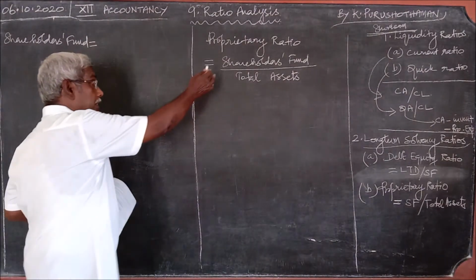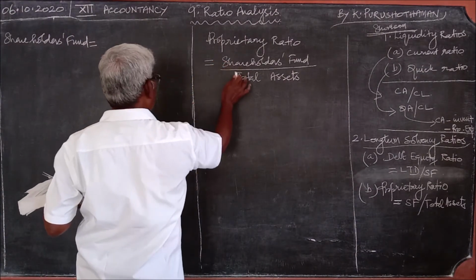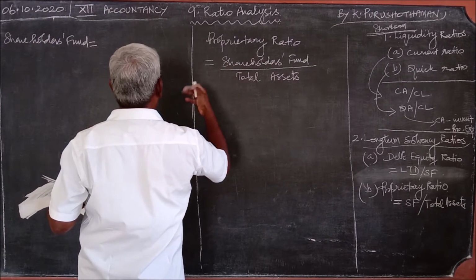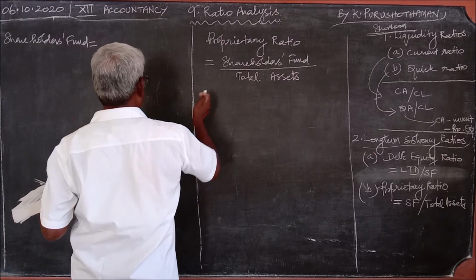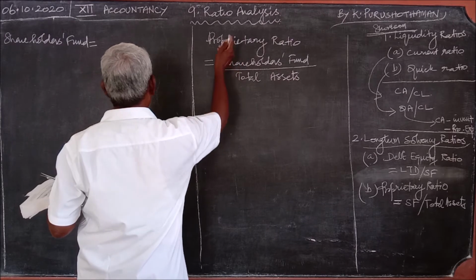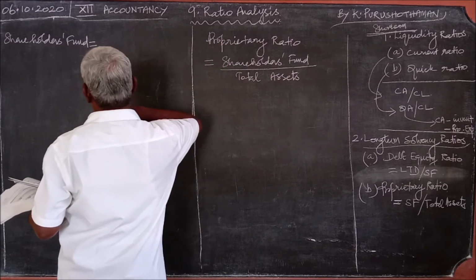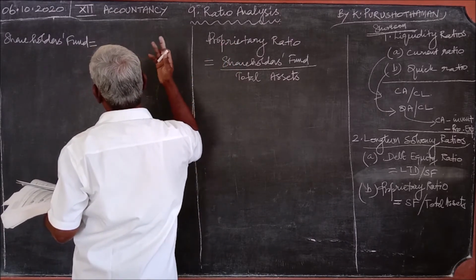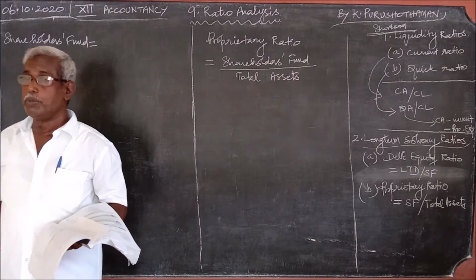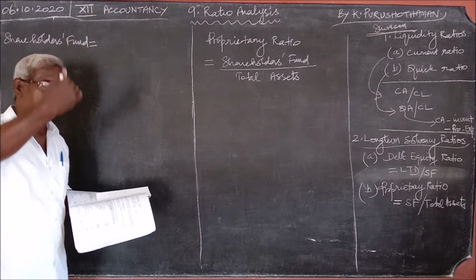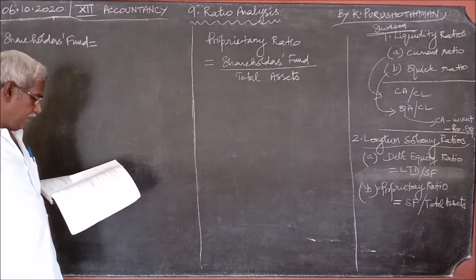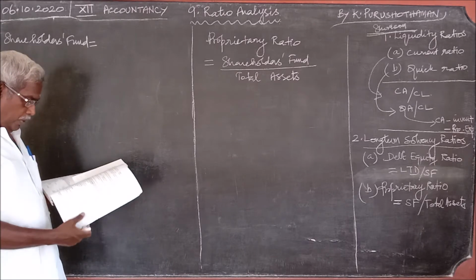First take the numerator, find the value, then you take the denominator, find the value. Because what happens in a hurry in the examination, this numerator value you will write in the denominator and the denominator value you will write in the numerator. The total work will be spoiled, it will be a waste and you will be losing a mark. So you must be very careful. You follow certain procedure. So shareholders fund is the first item what you should prepare.